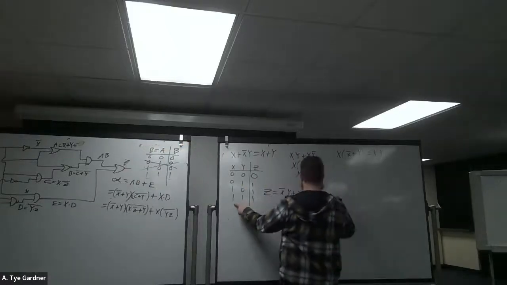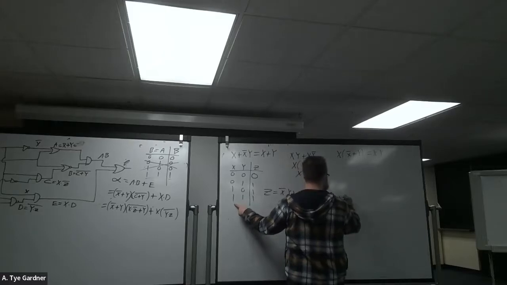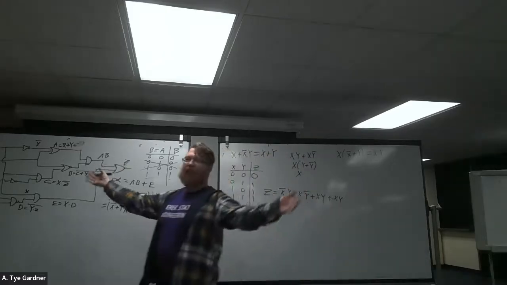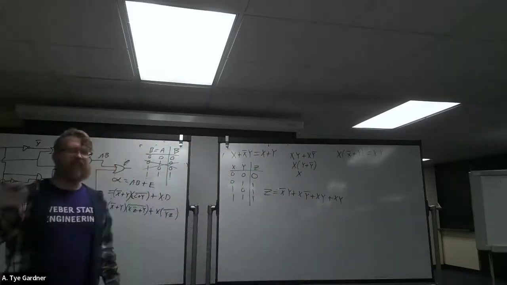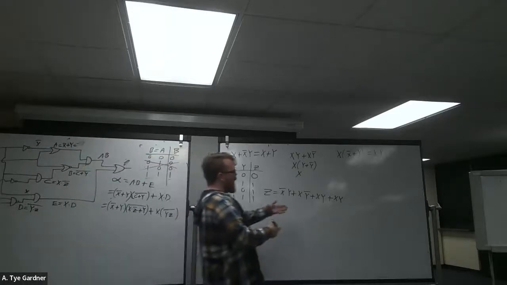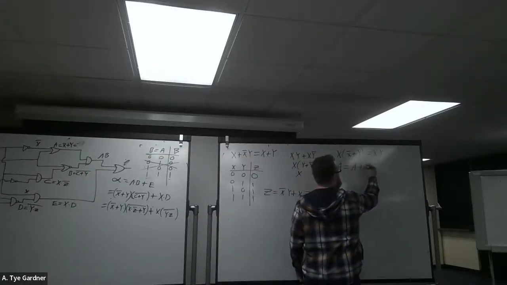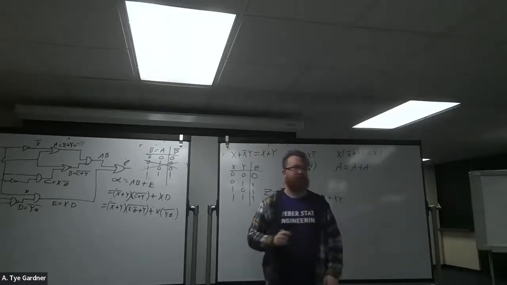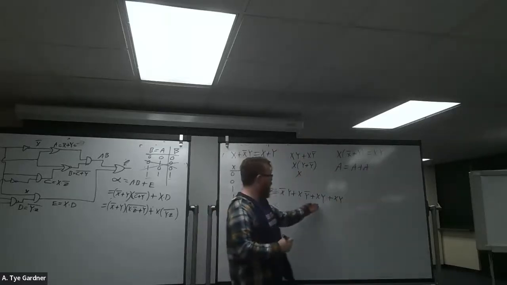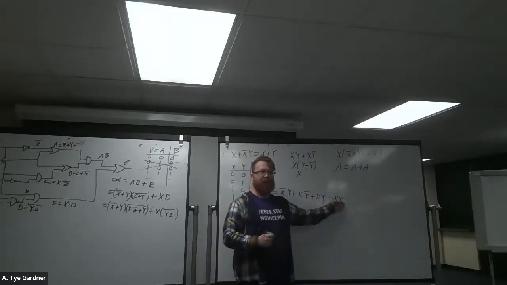And I need logic adjacency, so x, not y. I just need another one of those, right? This is utilizing the fact that A is equal to A or A. xy is equal to xy or xy, right?